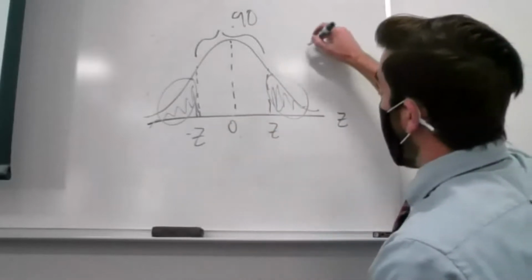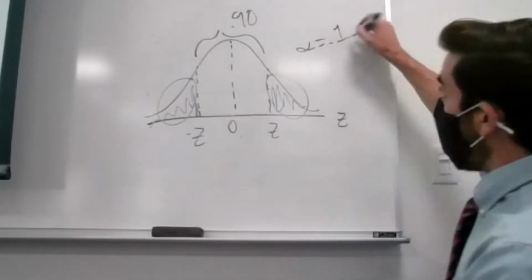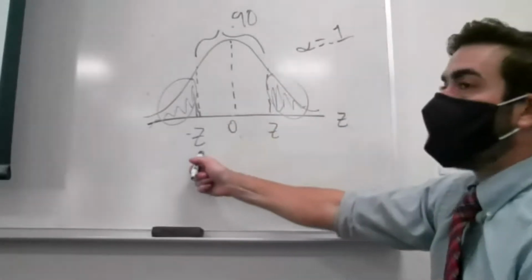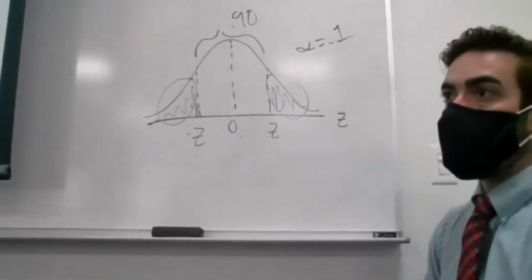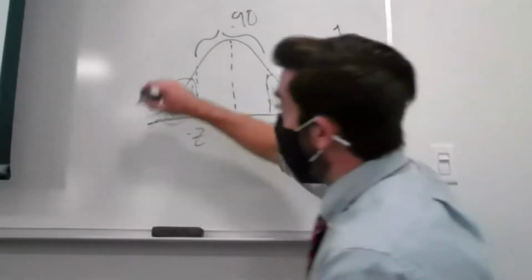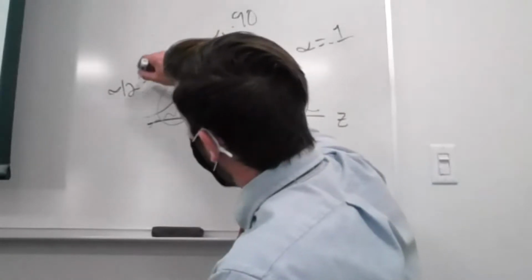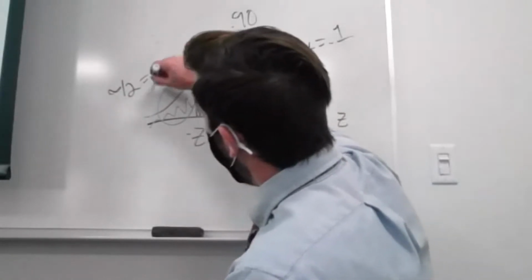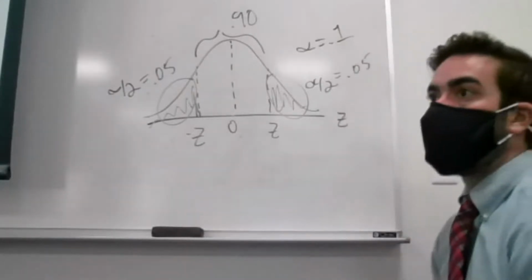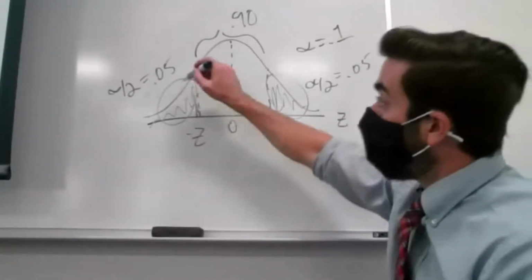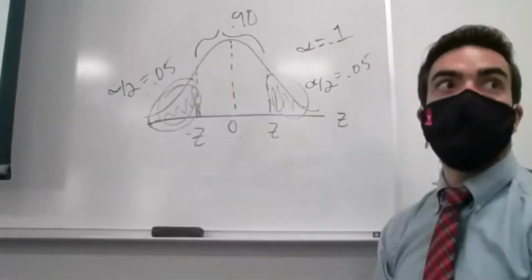So if the total area, alpha, is 0.1, how many standard deviations away from the mean do I need to go to make sure that I have an alpha of 0.1? Well, if alpha is 0.1, the area in each tail is actually alpha over 2, or 0.05, right? I would then look up 0.05, and I could find that z-score.